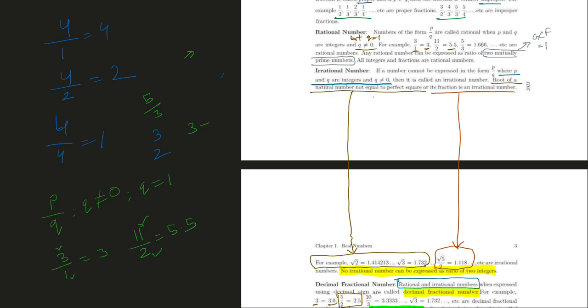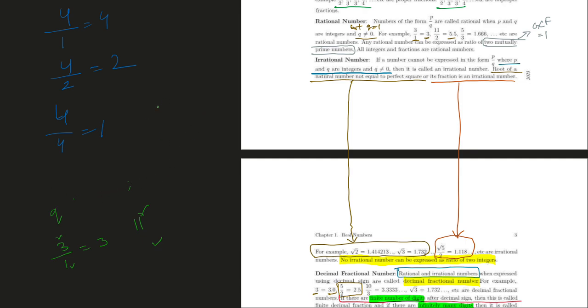Okay, so irrational numbers are numbers that are not rational. If a number cannot be expressed in the form p by q, where p and q are integers and q is not equal to 0, that is called an irrational number. What does it mean?